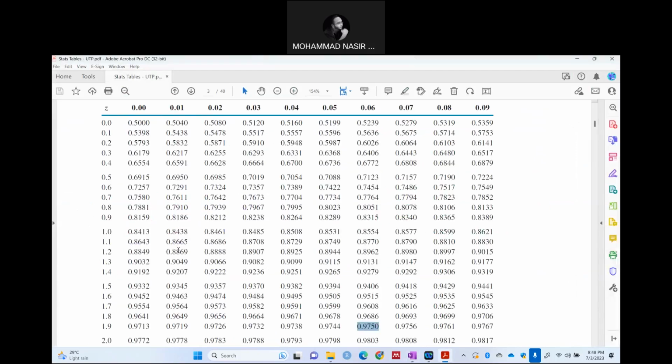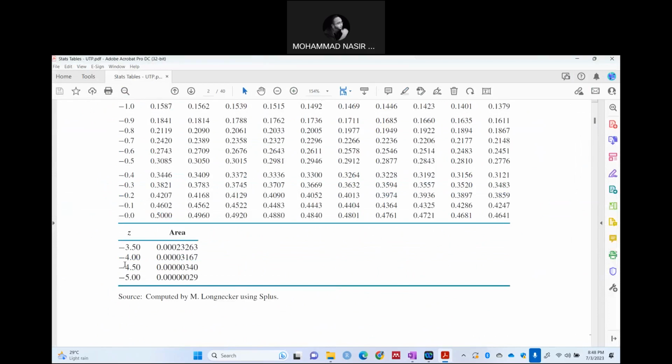If you look at the table, we only have until 5, so this is near to 0.